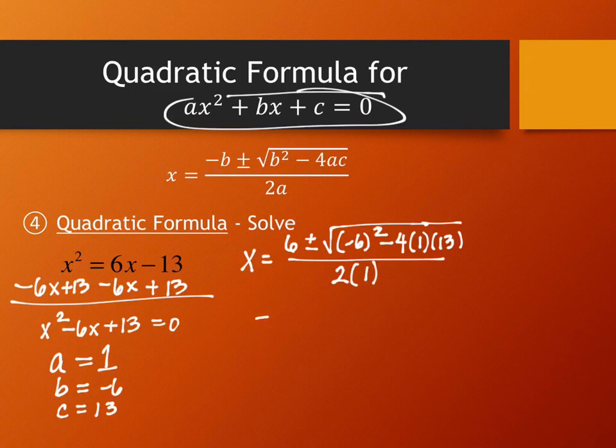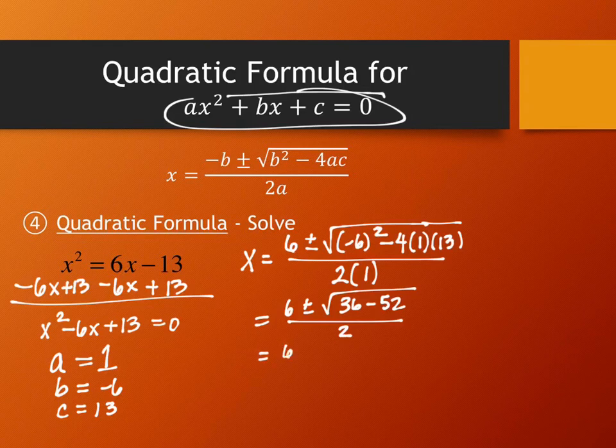And we will simplify. Negative 6 squared is 36. Negative 4 times 1 times 13 is negative what? 52. 2 times 1 is 2.